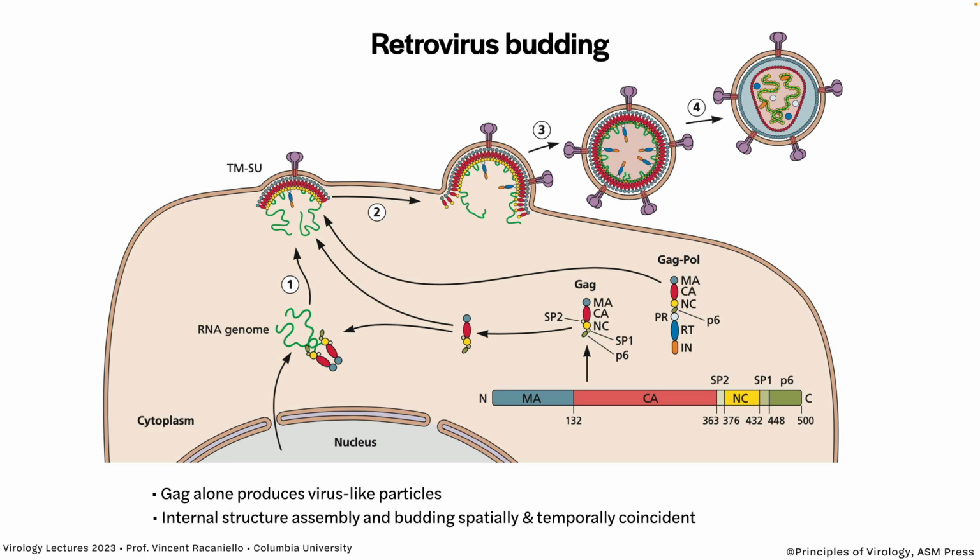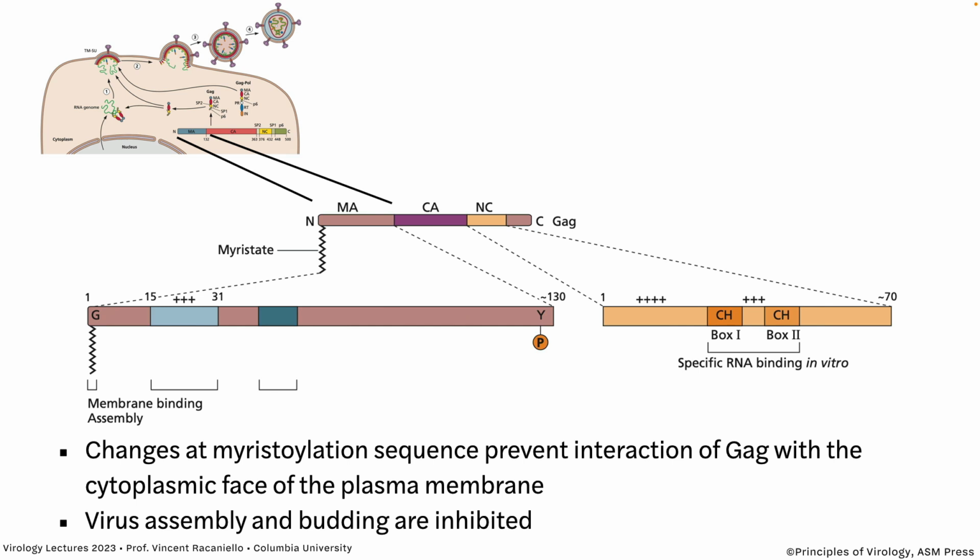So what puts GAG to the membrane? That's shown here. Here's GAG again. Matrix, capsid, nucleocapsid. Matrix is expanded below here. Matrix has some sequences important for membrane binding, but more importantly, it has a sequence at its N-terminus for the addition of a lipid called myristate.